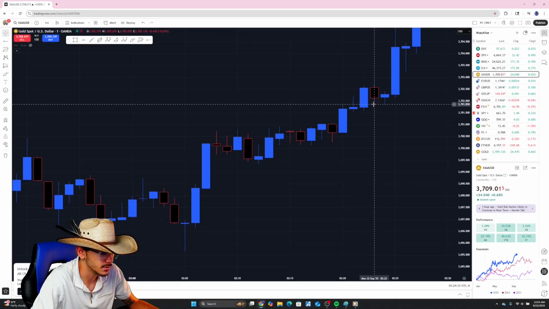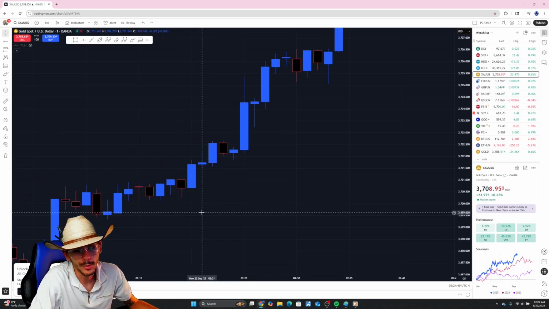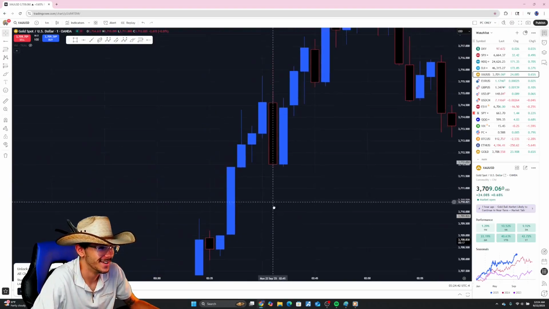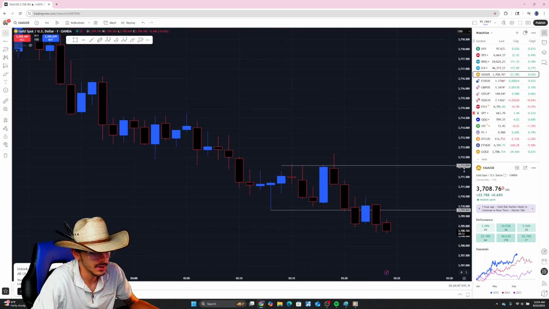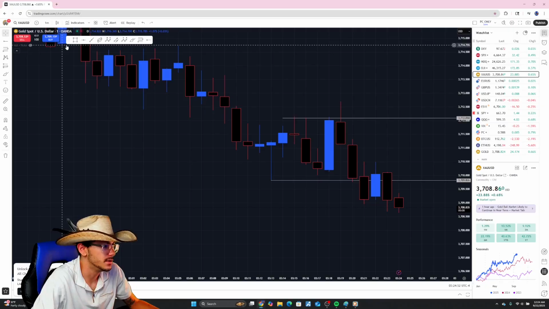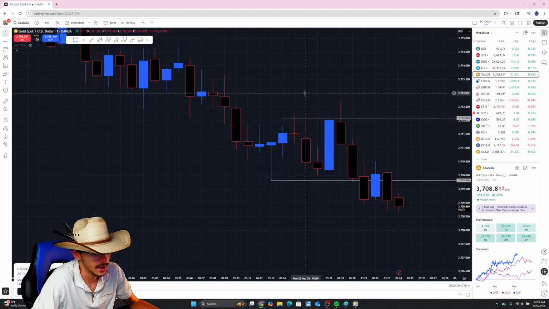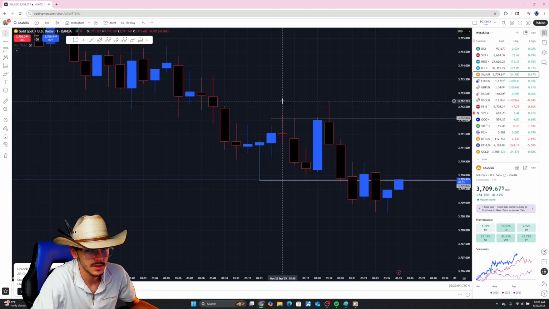I think there's one called a morning star. I think that's what this is. Don't quote me on that. All I want you to worry about is if it has a long wick or a long body, because the wick shows demand or supply, and the body shows zero resistance.